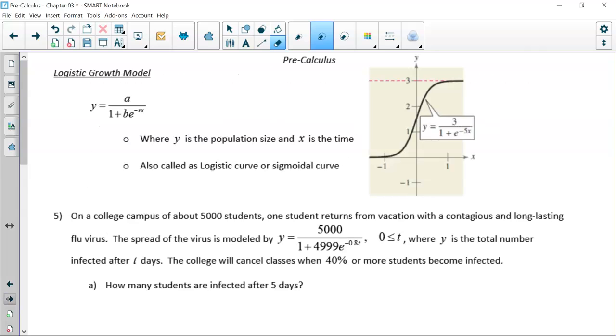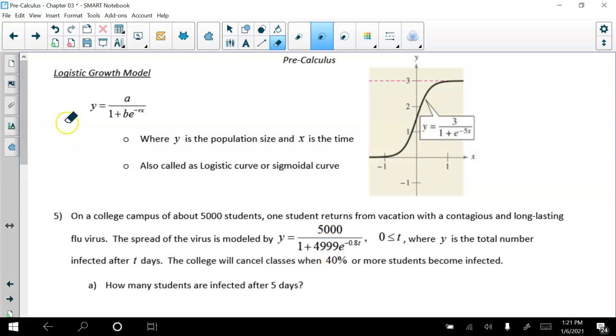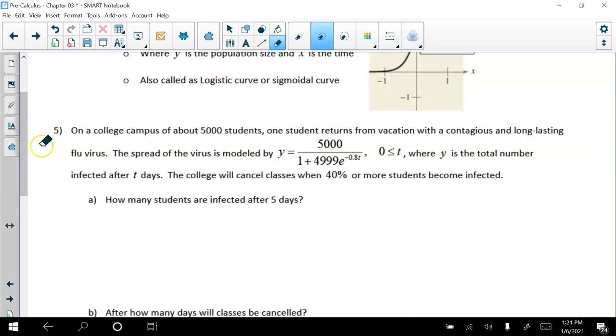Now we have a growth model, and really it's just using this model. A logistic growth model: y equals A over the quantity of 1 plus B times e to the negative rx. Y is the population, x is the time. So we have this model for number 5. So this is a pretty fitting question.